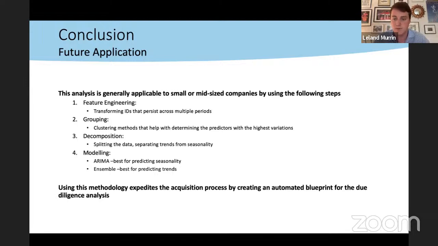You could perform some grouping and clustering with predictors with the highest variation, and then decompose everything using seasonal decomposition to get some idea of trends and seasonality, then conduct modeling with either ARIMA or Ensemble, ARIMA being the best to predict seasonality, and Ensemble to get a good idea about trends. This is a good blueprint for expediting the acquisition process, the due diligence analysis.